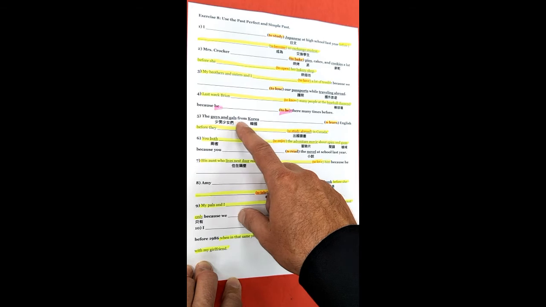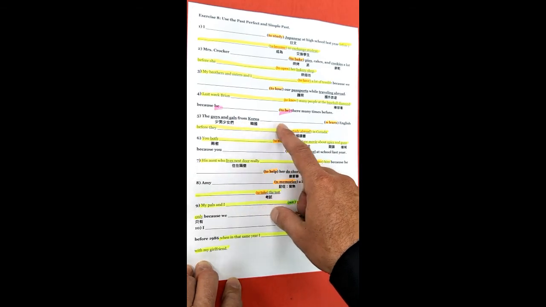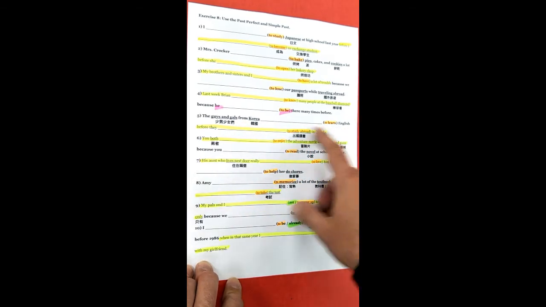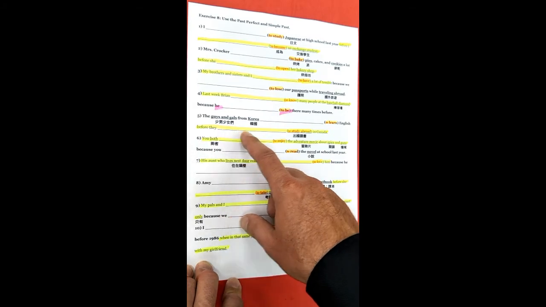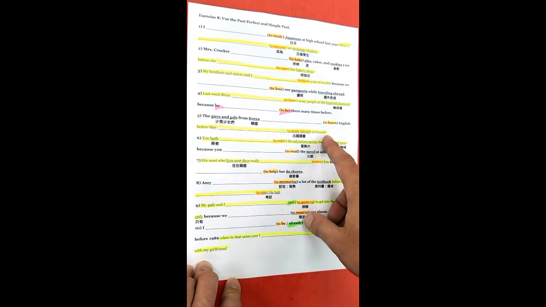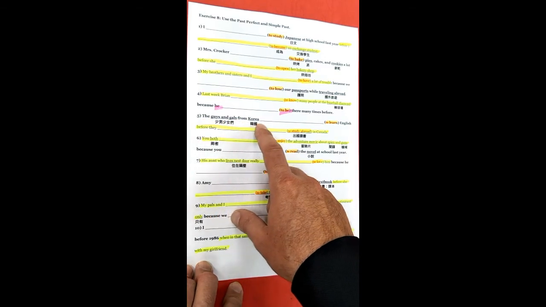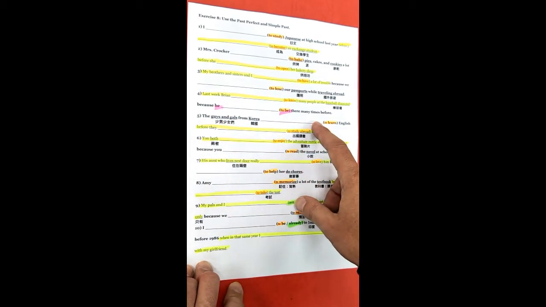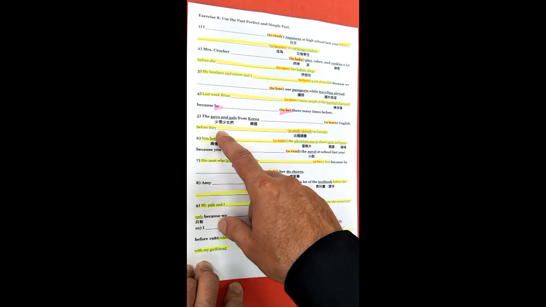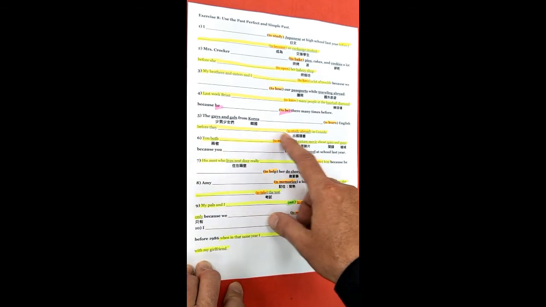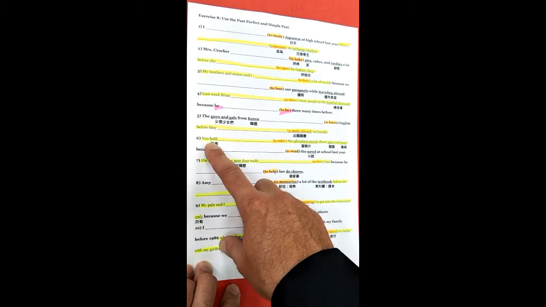Or, the guys and gals from Korea had learnt English before they studied abroad in Canada.